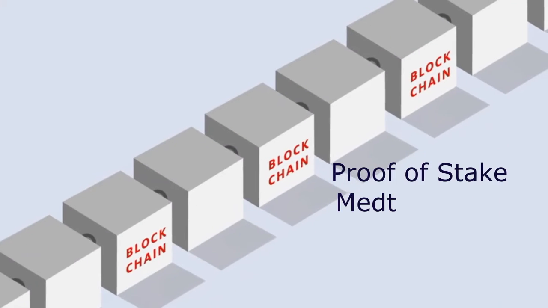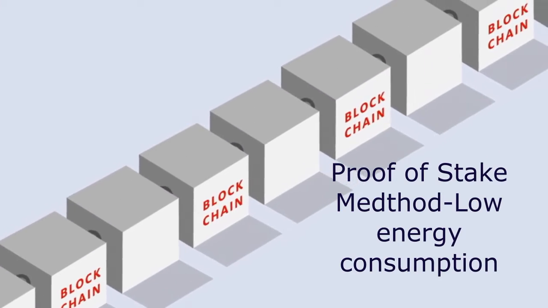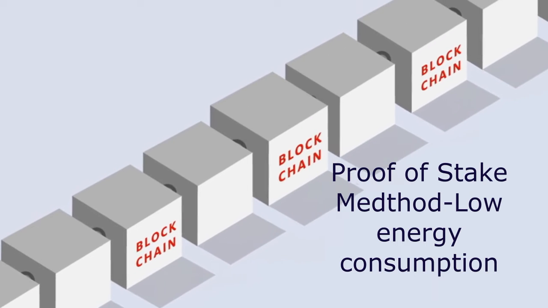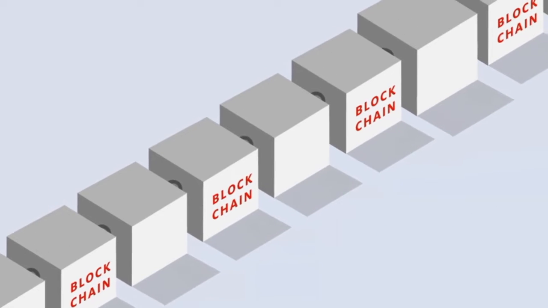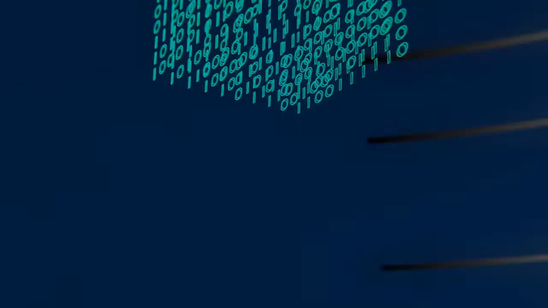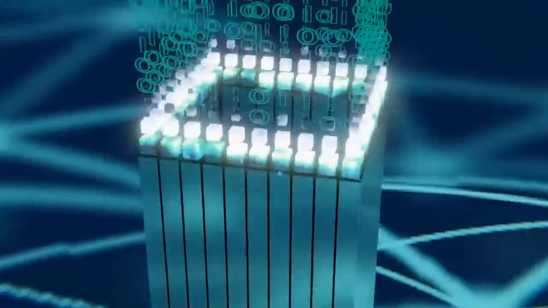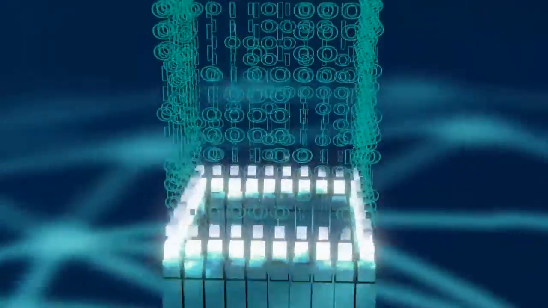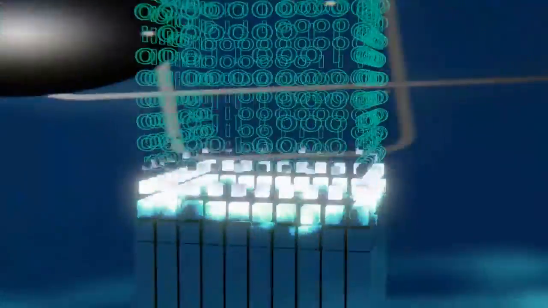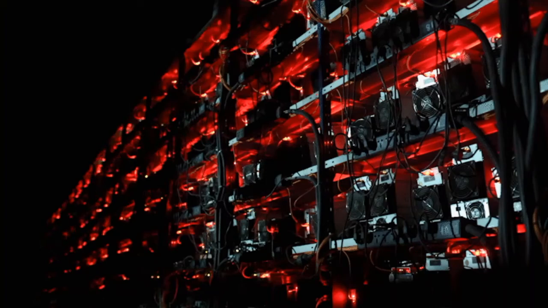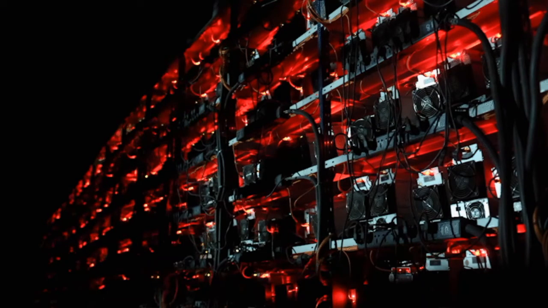The next method is proof of stake. Later blockchain networks have adopted proof of stake validation consensus protocols where participants must have a stake in the blockchain, usually by owning some of the cryptocurrency, to be in with a chance of selecting, verifying, and validating transactions.